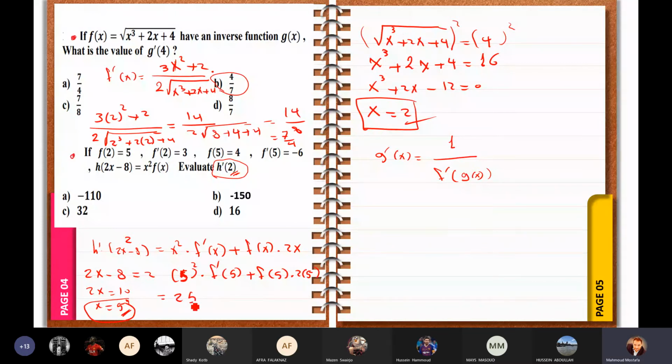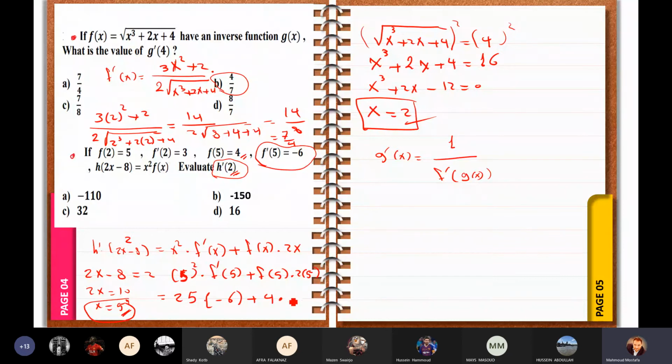5 squared is 25. f prime of 5 from where? Here. It's given. Multiply by negative 6, plus f of 5. f of 5 is 4, also given.